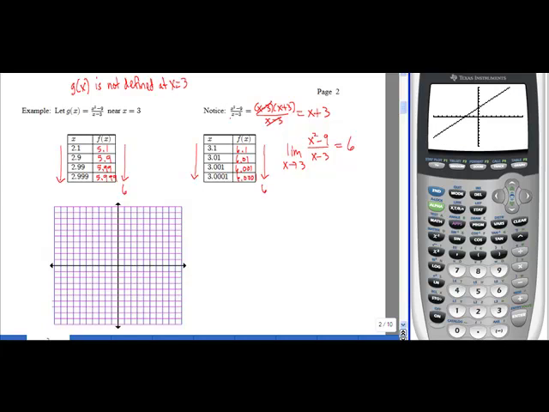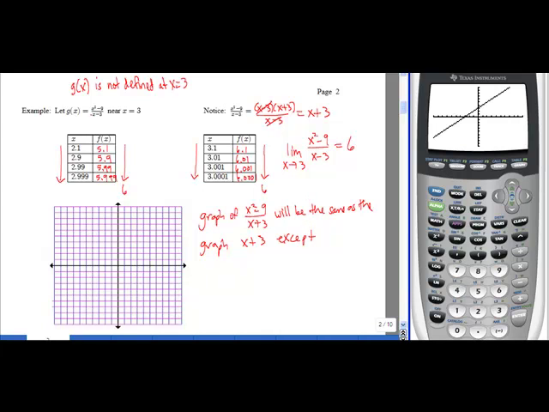Are these really the same exact two graphs? Well, let's investigate it a little bit here. The graph of x squared minus 9 over x minus 3 will be the same as the graph of x plus 3, except for one little thing, and we mentioned that earlier.